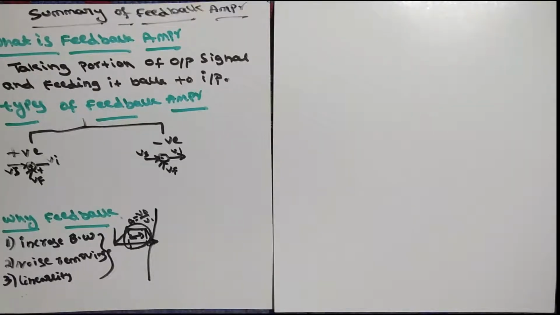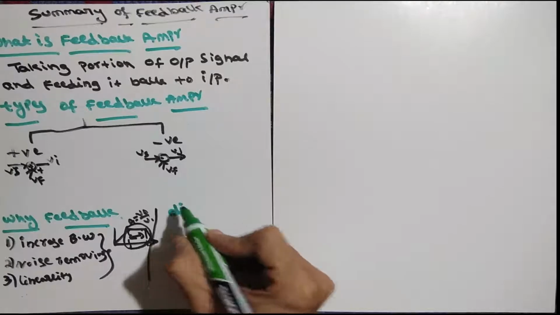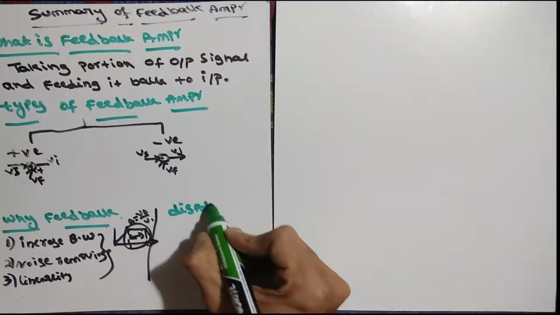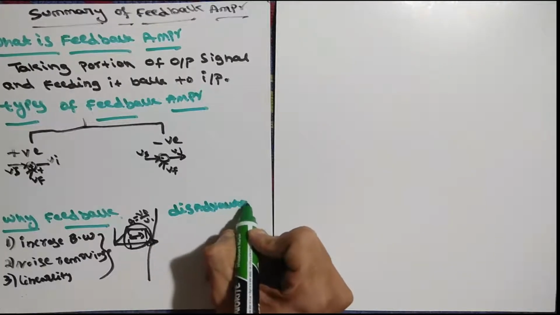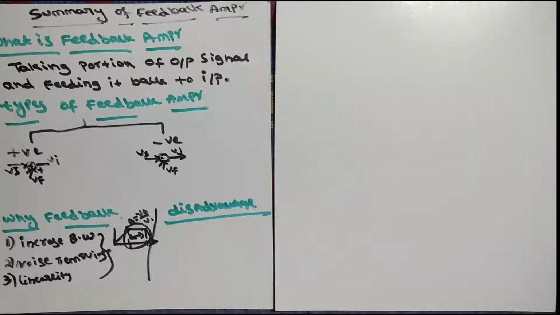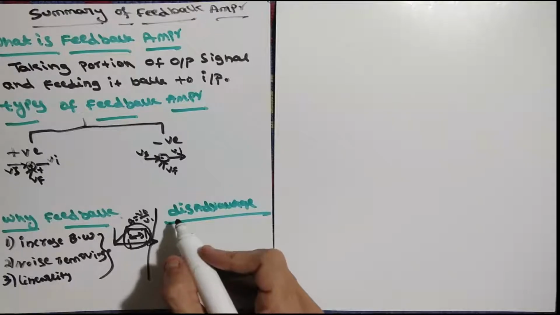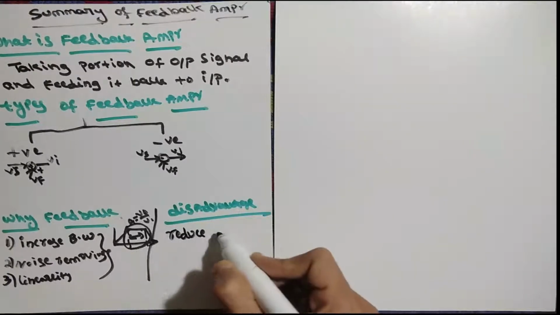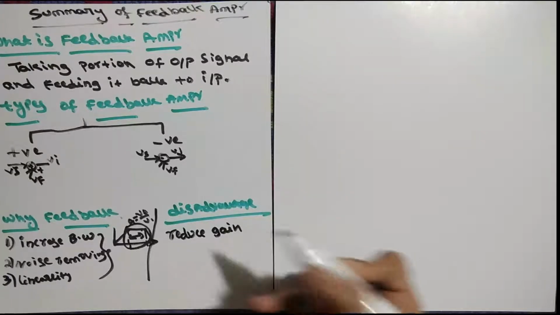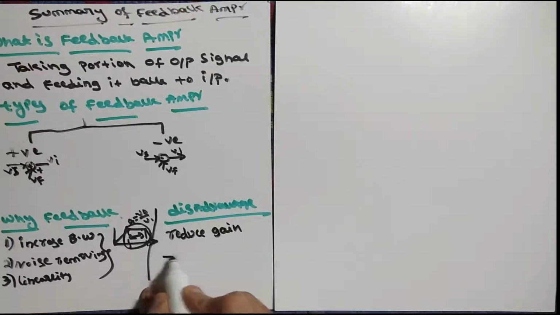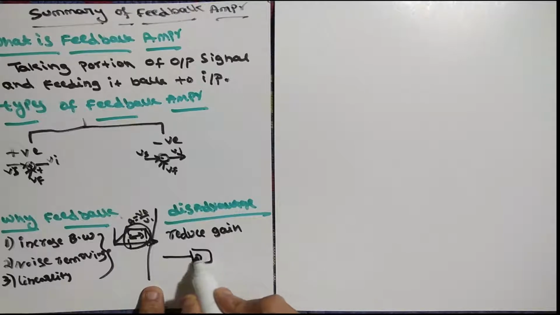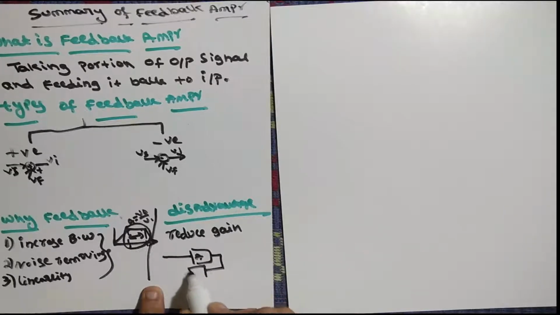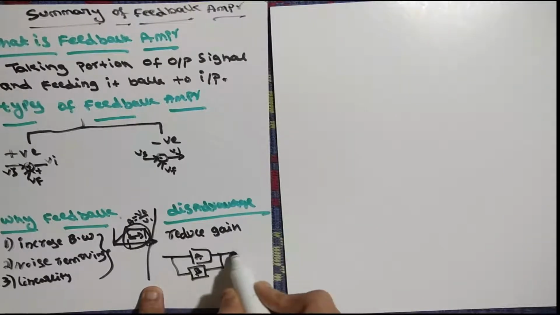What are the disadvantages of feedback? If any process has some demerit or disadvantage, we can discuss it. The major disadvantage is that it acts as an attenuator. It reduces the gain. Usually, this is your amplifier, this is your beta, and here you get the output.